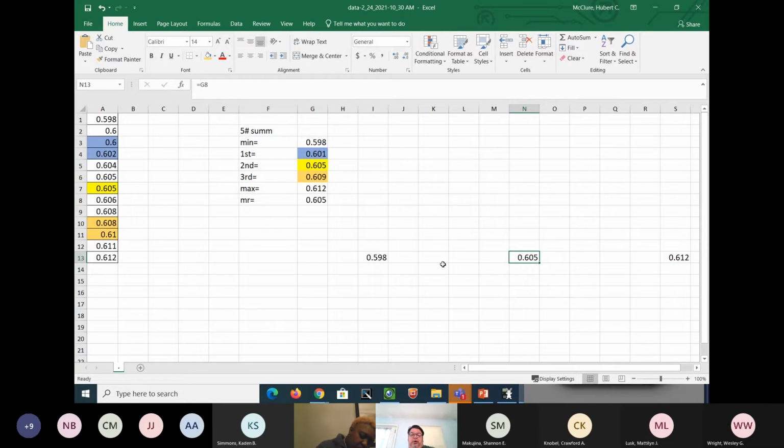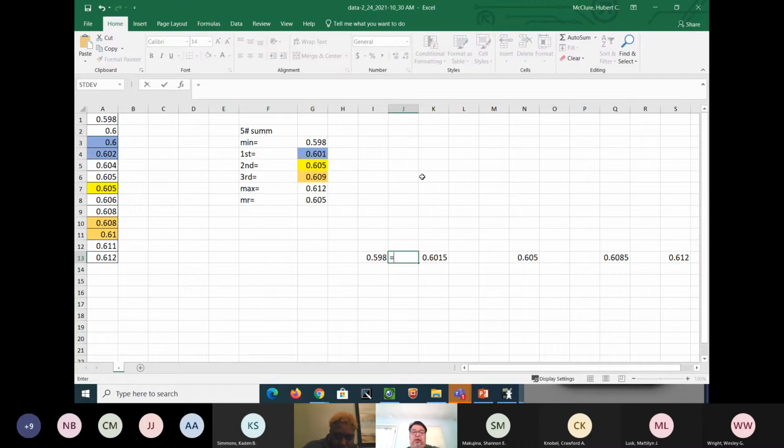Right here equals this number plus this number divided by 2, and right here is this number plus this number divided by 2. I do it a different way by hand: I count the numbers up and find the middle of the middle of the middle. You just keep doing that and you graduate your numbers.